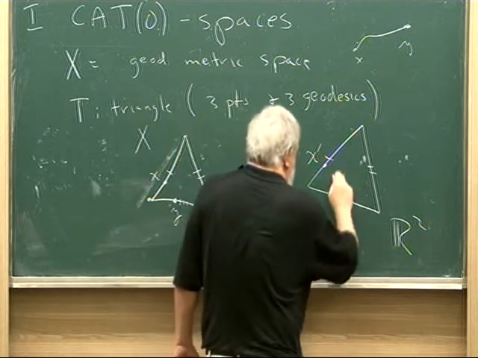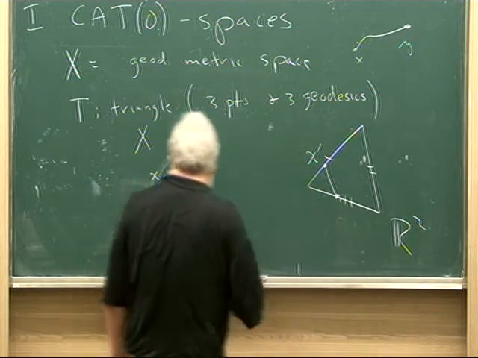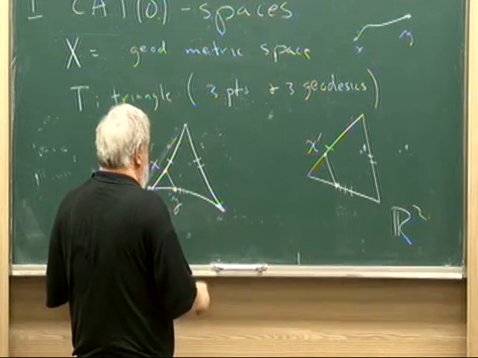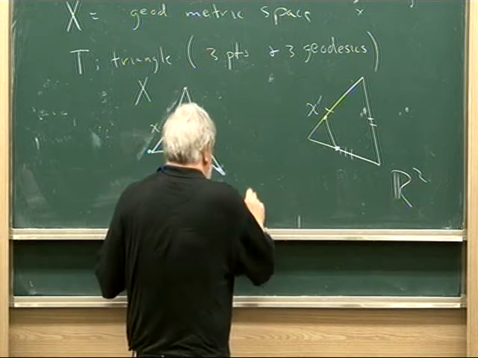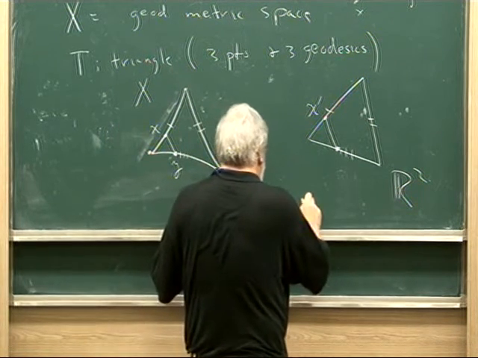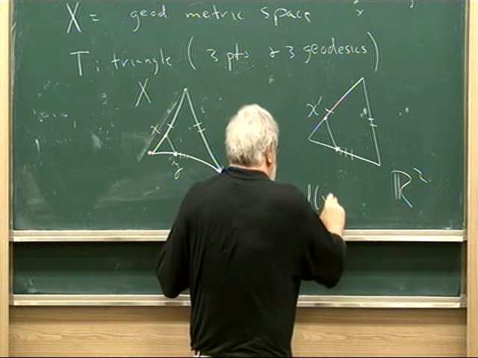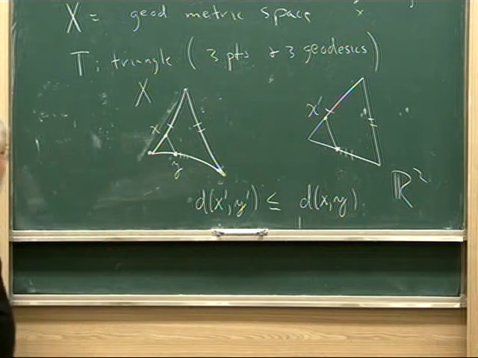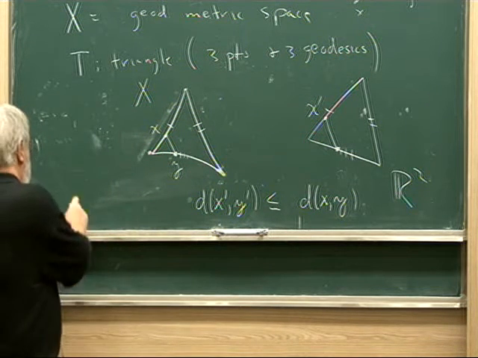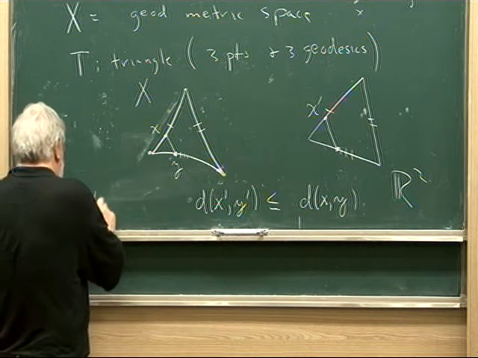And then you can look at the distance between those 2 points in the 2 spaces, and what's called the CAT(0) inequality is that this distance is less than or equal to the distance in Euclidean space. So this is called the CAT(0) inequality.